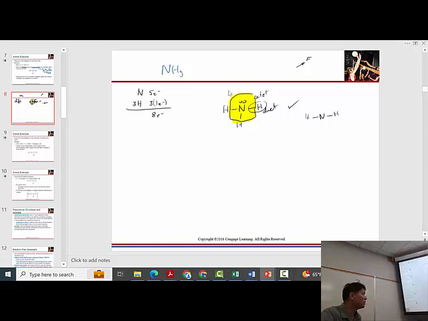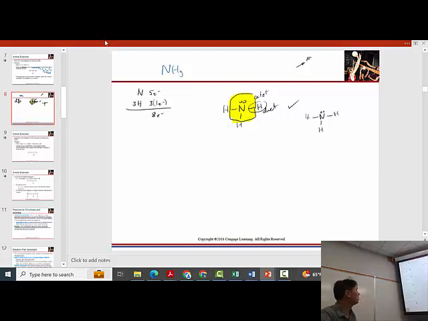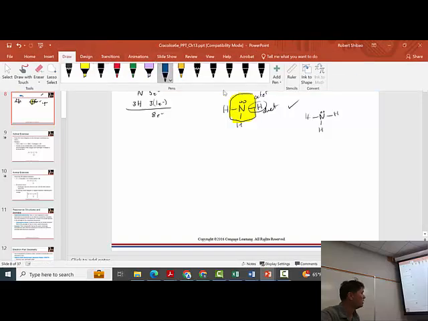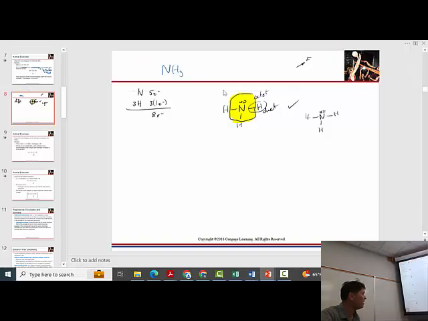If I look at the electron cloud with these two electrons here, the lone pair belongs entirely to nitrogen. And so that lone pair is right on top of the nitrogen. It doesn't have to be shared. But these ones have to be shared, so it kind of skews it.